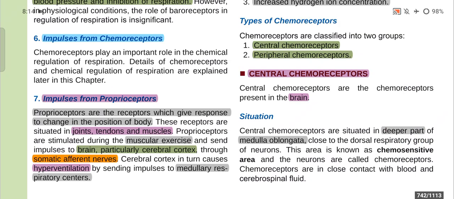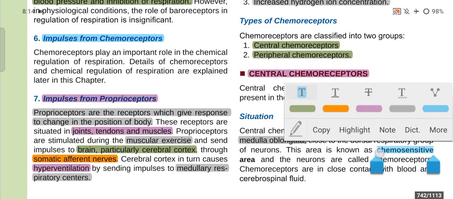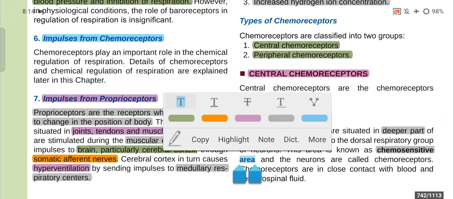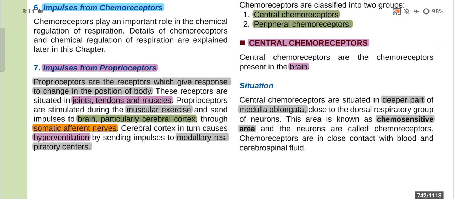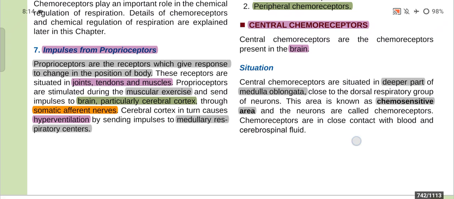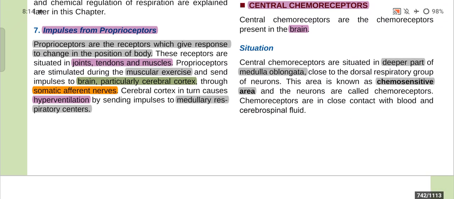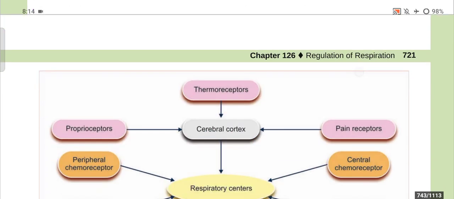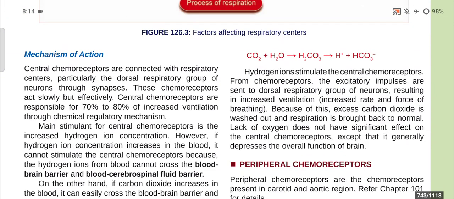They are close to the dorsal respiratory group of neurons, and this area is also known as the chemosensitive area. The neurons are called chemoreceptors, and they are in close contact with blood and cerebrospinal fluid. Now, mechanism of action.